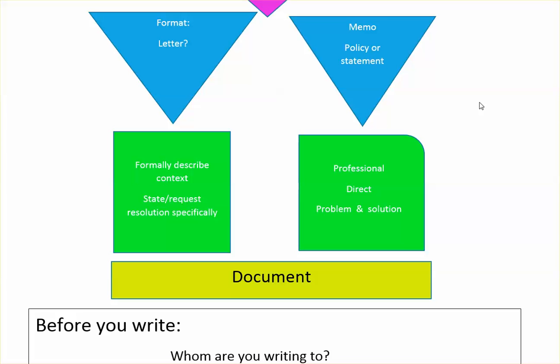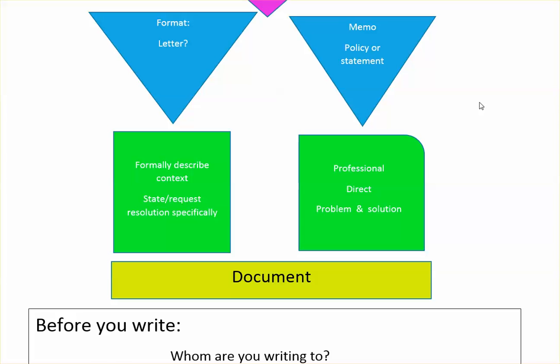Okay, picking up. And I'm not proud of my color scheme here, I'll tell you right now. If I've chosen to write a business letter, I need to formally describe the context of the issue in the first paragraph that got me to writing.